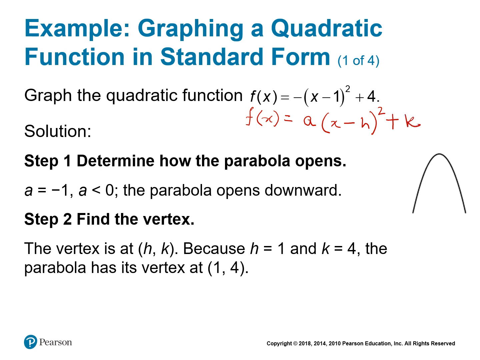All right, so the first step had said determine how the parabola opens. All right, so what tells us the direction in which the parabola opens? This, the sign of A. So what is A in this example that's given to us? What is the value of A?